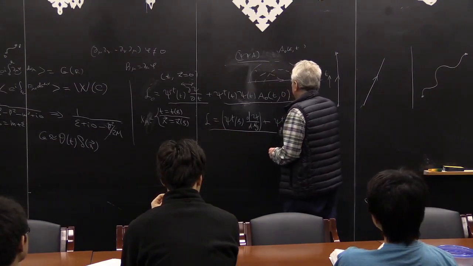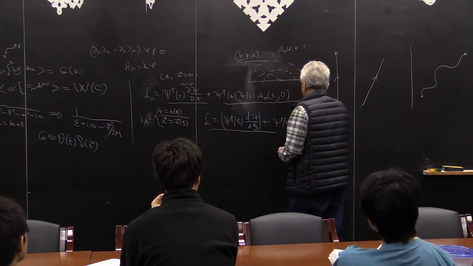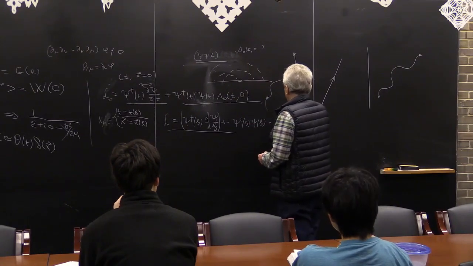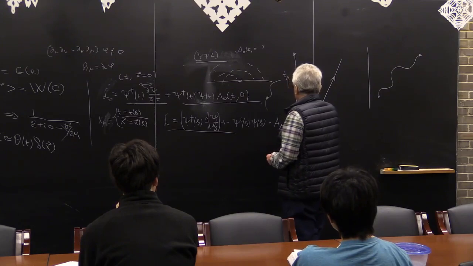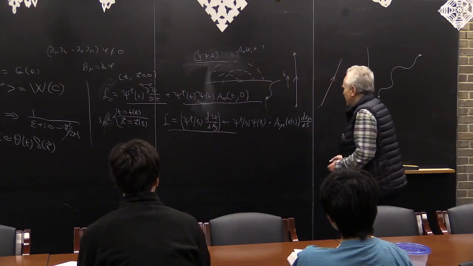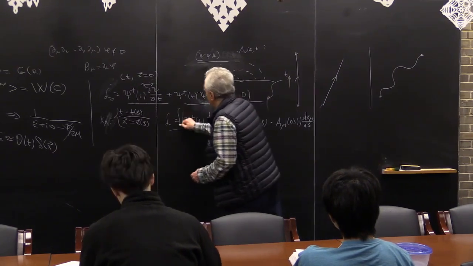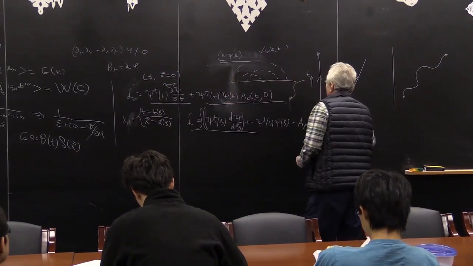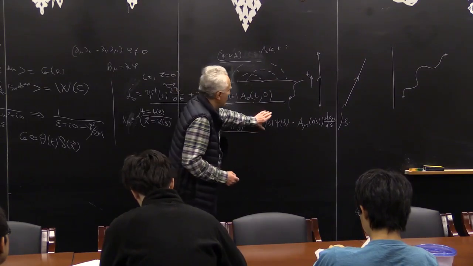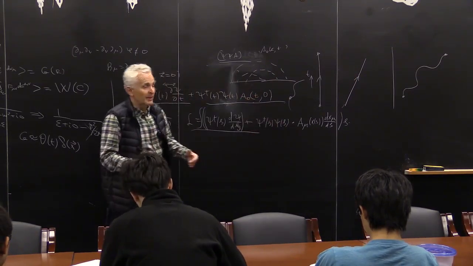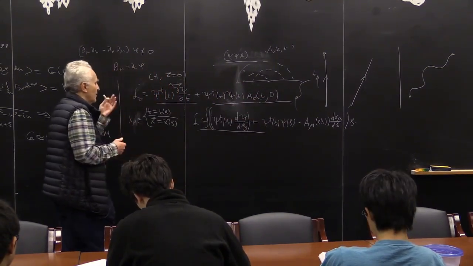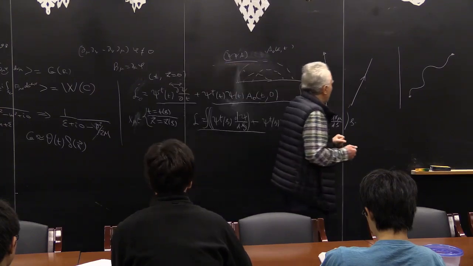Well, the answer is this is creation annihilation operator, and we actually have A mu of x of s, dx mu over ds. And we integrate the whole thing over s. This, by the way, is simply if the particle is present, it's 1. If the particle is absent, it's 0. So that just describes the particle on the trajectory.